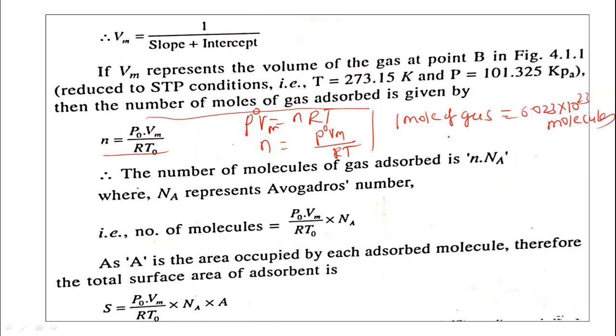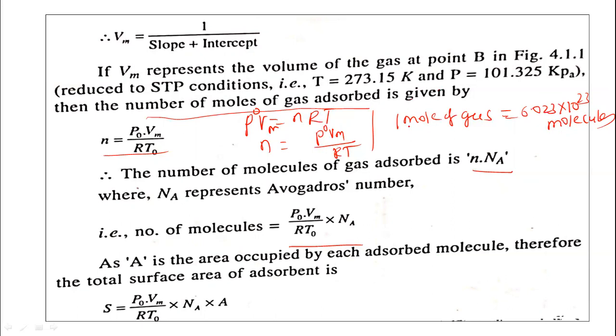Once we determine n, from that number of moles we can calculate the number of molecules of gas adsorbed. It is equal to n into Avogadro's number, where Na represents the Avogadro number, because 1 mole of the gas is equal to this.